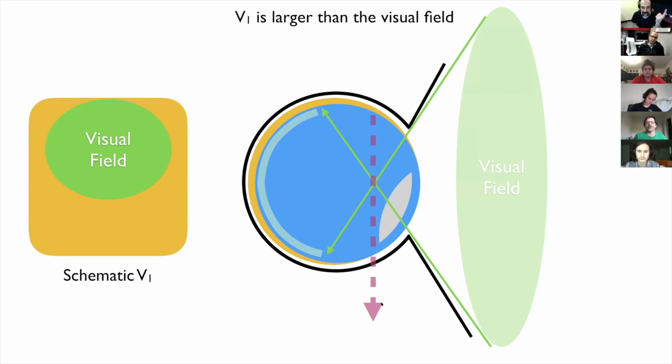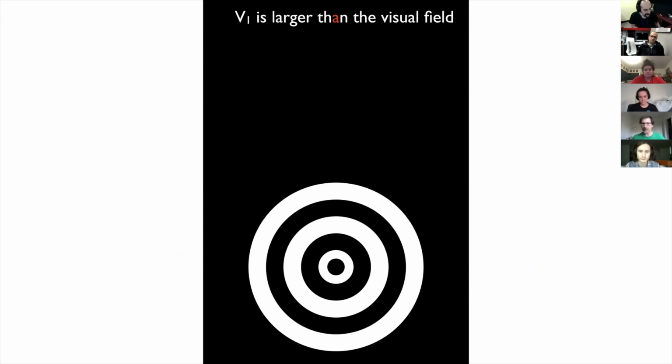And now we want to do another experiment. This one I highly doubt will work, because we need perfect light conditions, and I don't think we can recreate it. But let's give it a shot. What I want you to do is to look at that red A on the top. You see V1 is larger than the visual field.